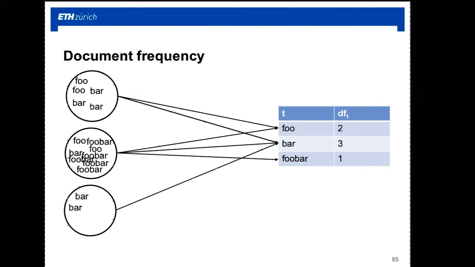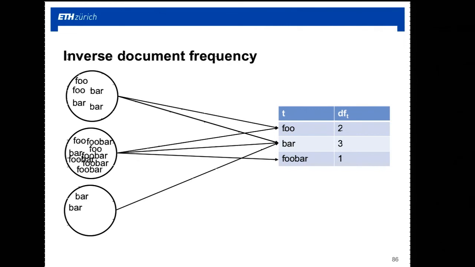There is one more thing we need to do, because if the document frequency is higher, then the term should count as less relevant, because it means that the term is not rare at all, right? We need it to be higher if the term is rarer.